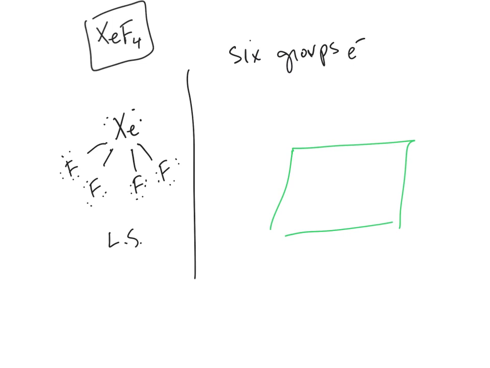And we can put all 4 of those bonds in the plane. Again, you don't have to, because of the 90-degree geometry here. And 1 lone pair above, 1 lone pair below.